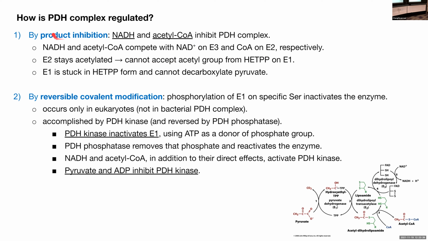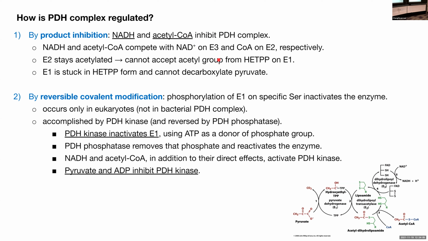Okay, so how is this PDH complex regulated? There are largely two different regulations here: product inhibition, and reversible covalent modification. Product inhibition happens by allosteric regulation. So NADH and acetyl-CoA can inhibit the PDH complex. These two are the direct products of the PDH complex, right?